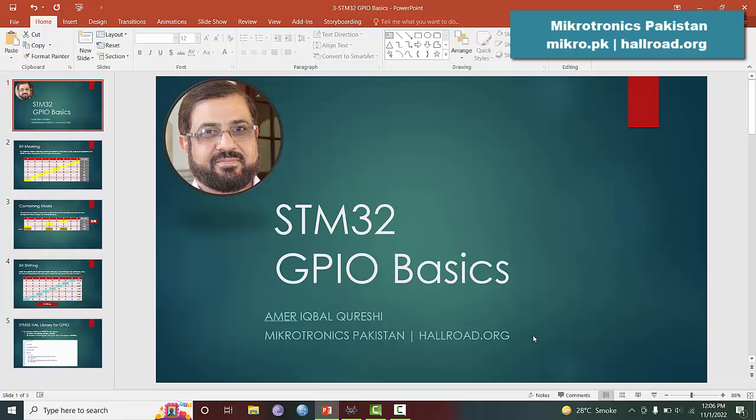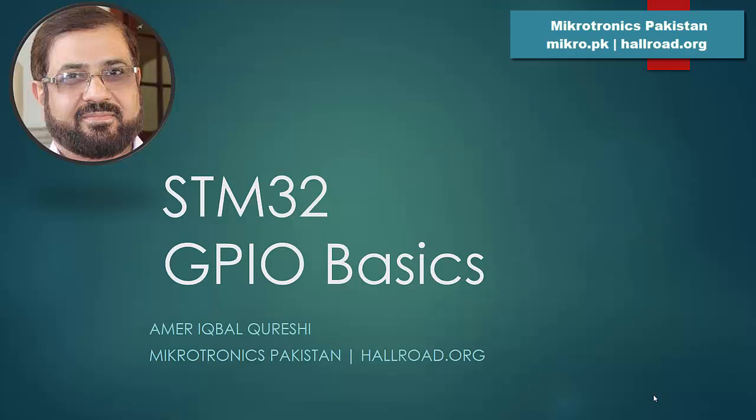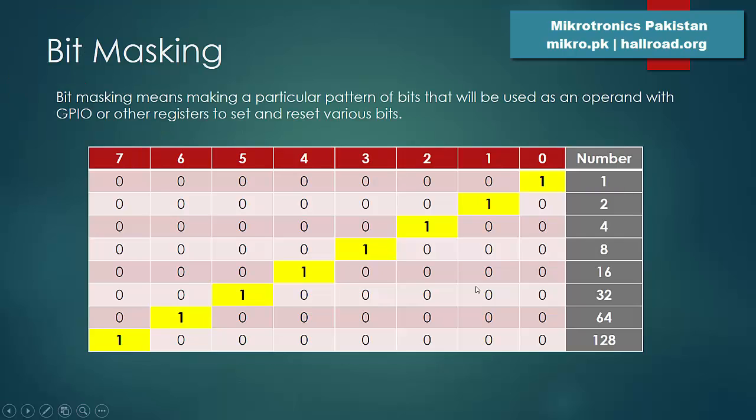So let's talk first about the bit masking. In bit masking, when we want to set the bits of some registers or to clear the bits of some registers, we need a bit mask to make some logical operations so that we can set or reset certain bits.